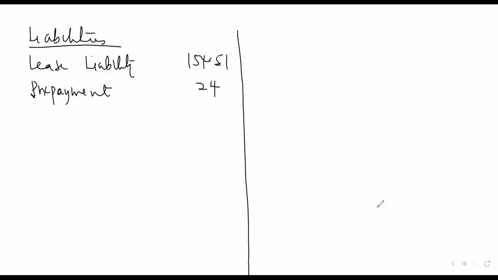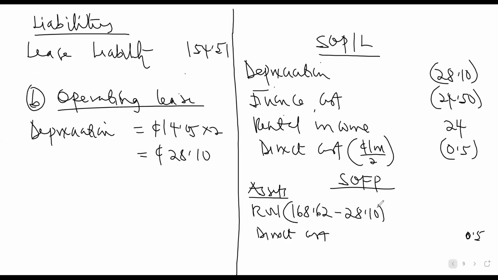It means that they have paid 24 million in advance, and that will be the prepayment of income. So the income prepaid is a liability. That's how you go about it. Yes, we are done.